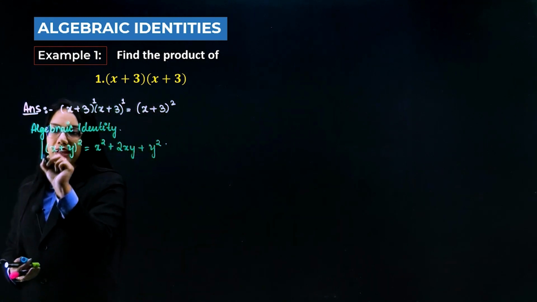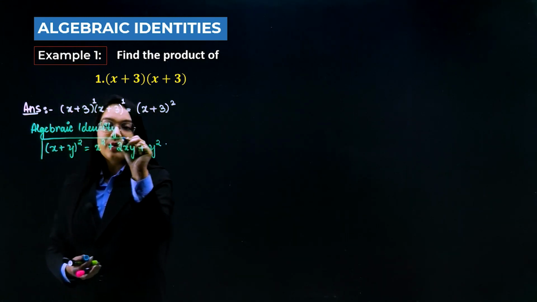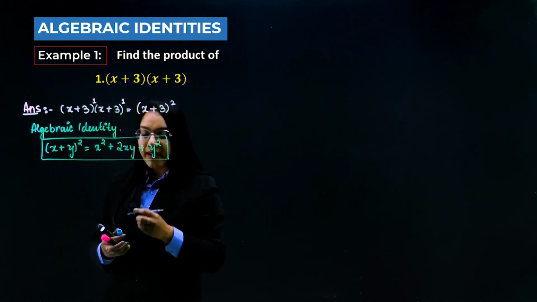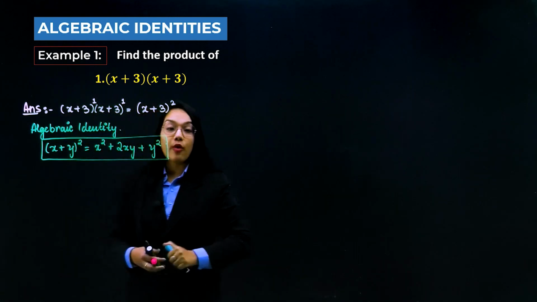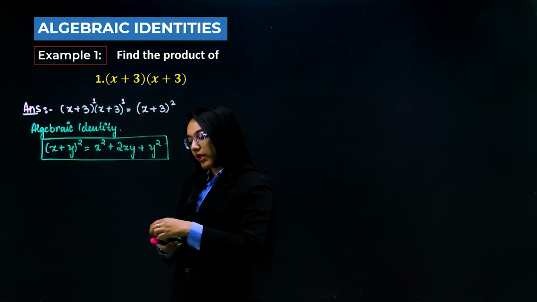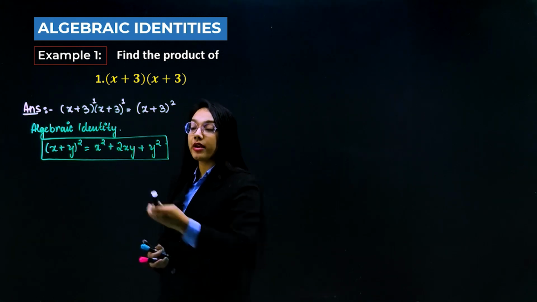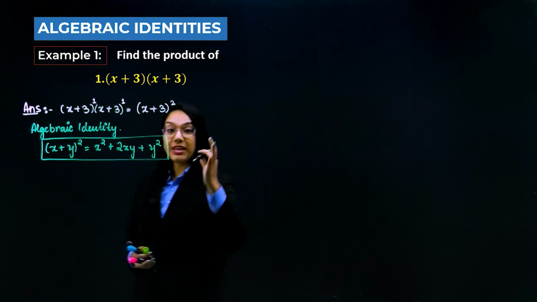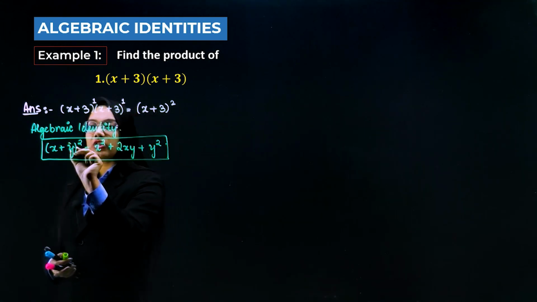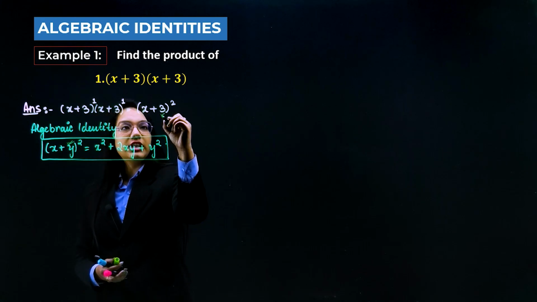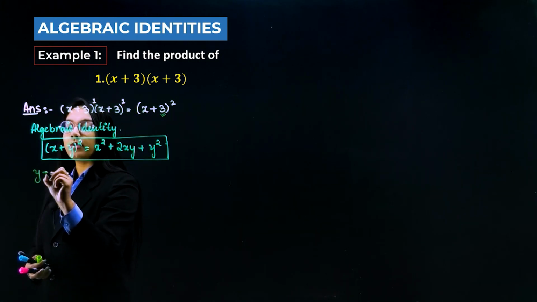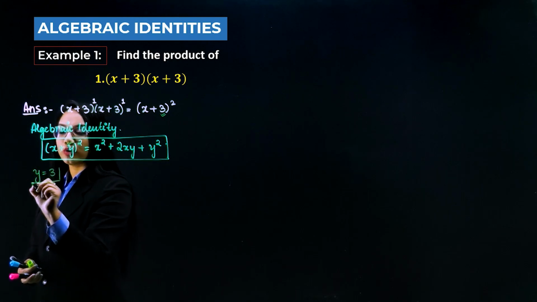Now we have to find the product of (x plus 3) whole square. If I compare this identity with (x plus 3) whole square, in place of y we have 3. So in this identity, I just have to plug in the value y equal to 3.